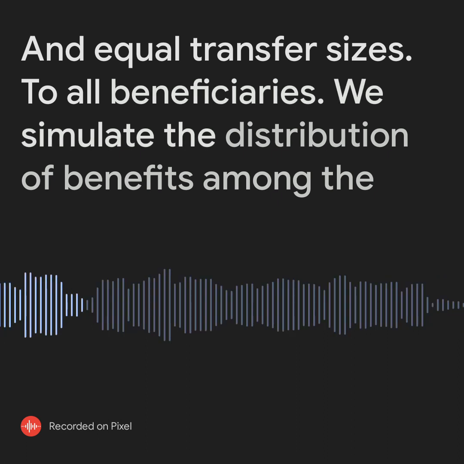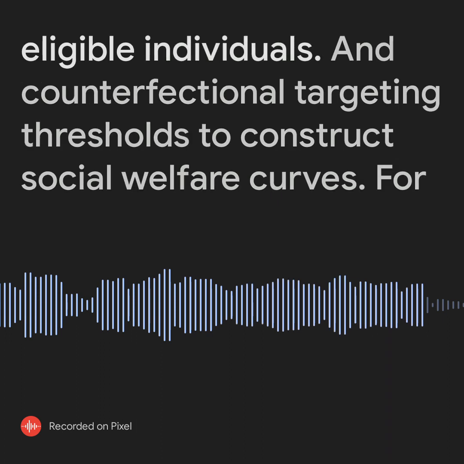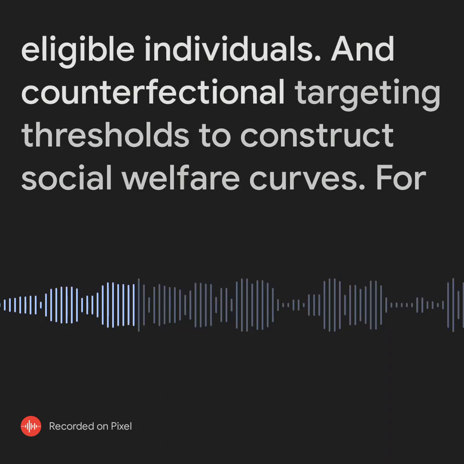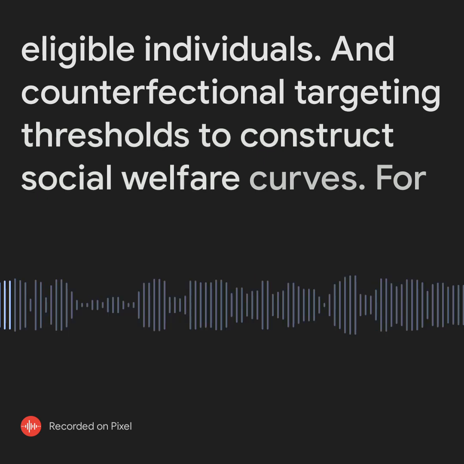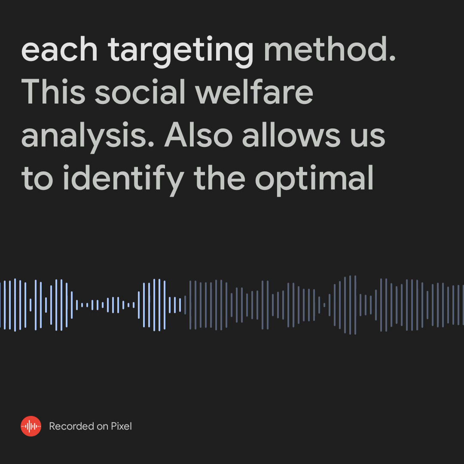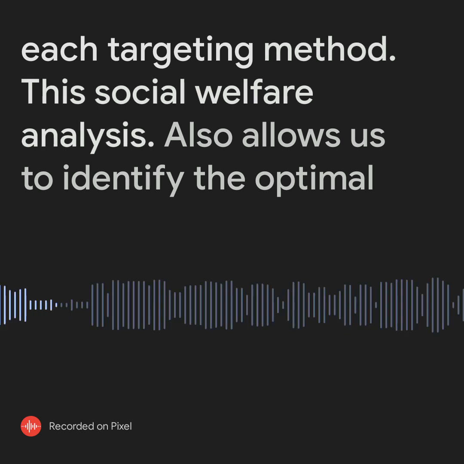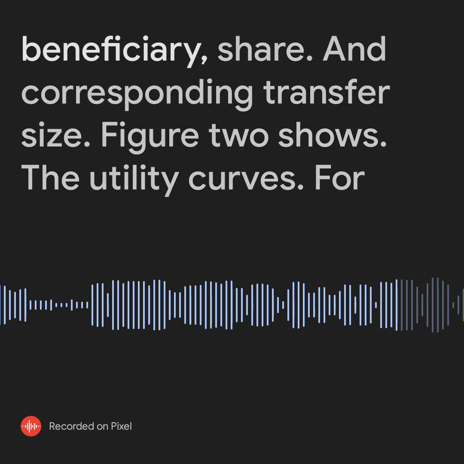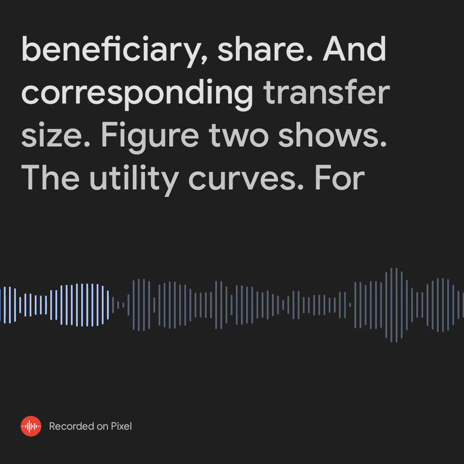We simulate the distribution of benefits among the eligible individuals at counterfactual targeting thresholds to construct social welfare curves for each targeting method. This social welfare analysis also allows us to identify the optimal beneficiary share and corresponding transfer size.